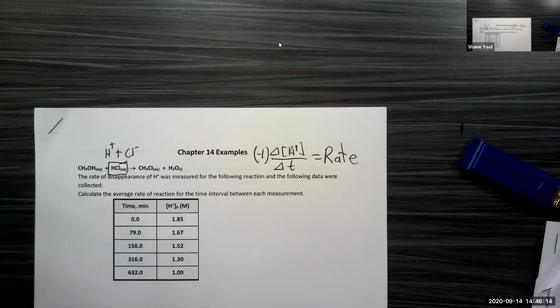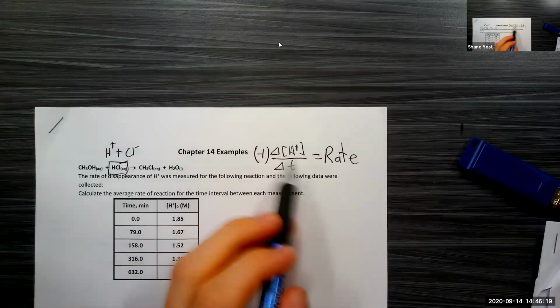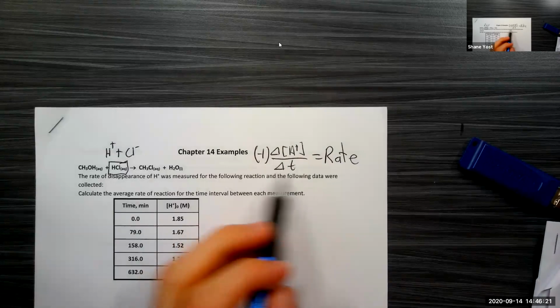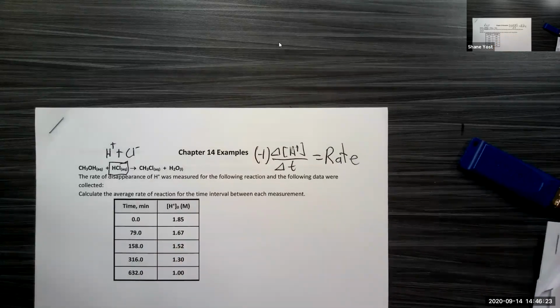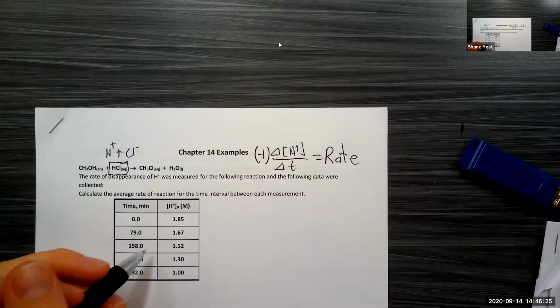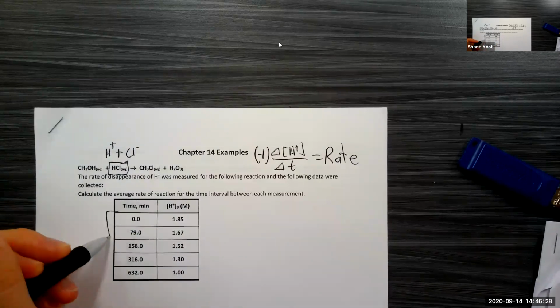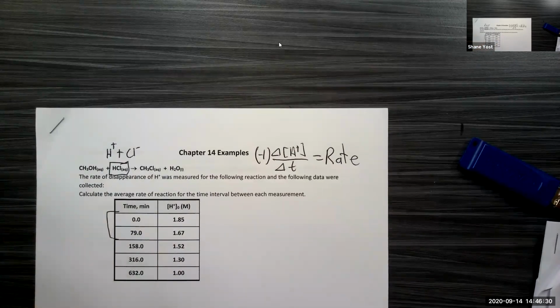And so then how do I get the change in concentration, the rate of consumption of H2, the rate of change of H2, for this time interval here? How would I calculate that?